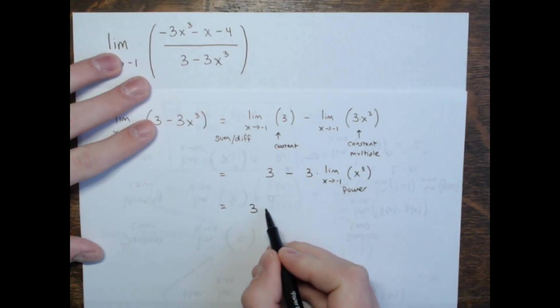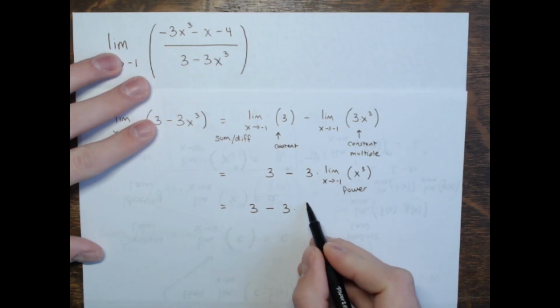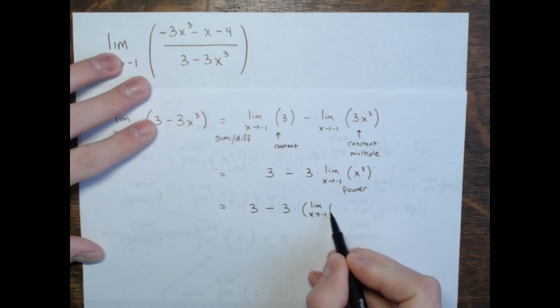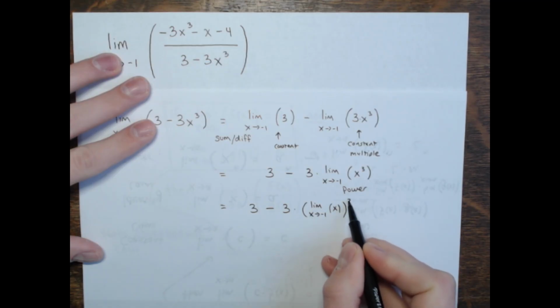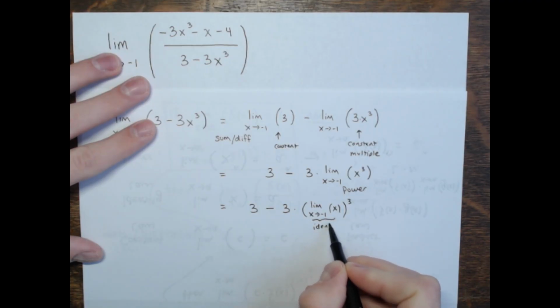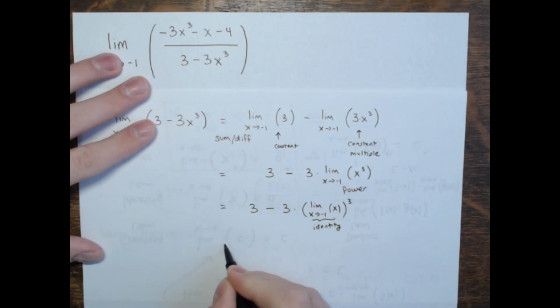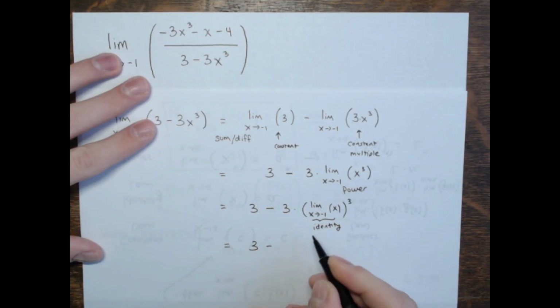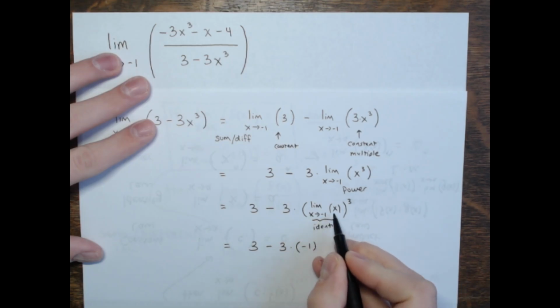You got 3 minus 3 times the limit as x approaches -1 of just x cubed, and then apply the identity law I reviewed earlier, right? So this is a little annoying, a little tedious. So we get 3 times, and then -1, right? As x approaches -1, x cubed will approach -1 to the third power.